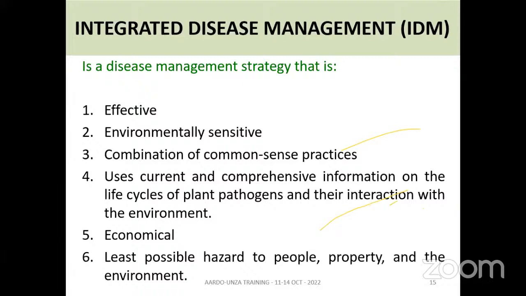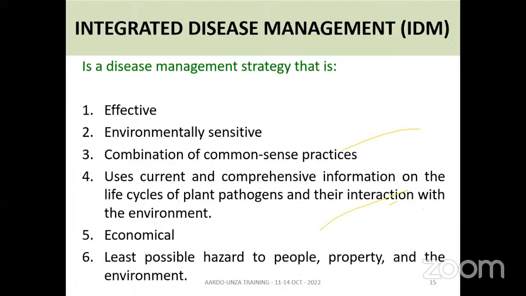In plant pathology, we have what we call the disease cycle. You need to understand the stages of the disease cycle and figure out what would be the best stage to intervene. So that is something that was built into integrated disease management.